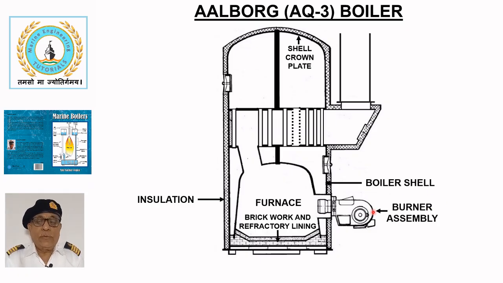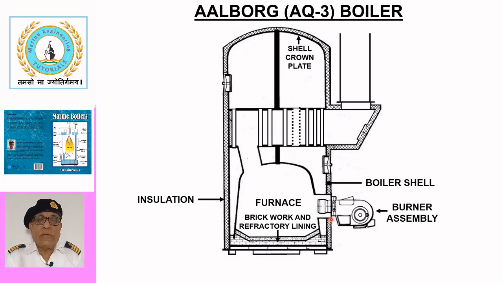The burner is attached to the furnace through the burner tube connected between the boiler shell and the furnace side. Access to the furnace for maintenance and repair is provided through the burner tube.